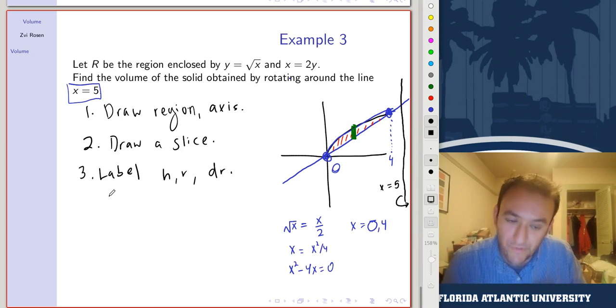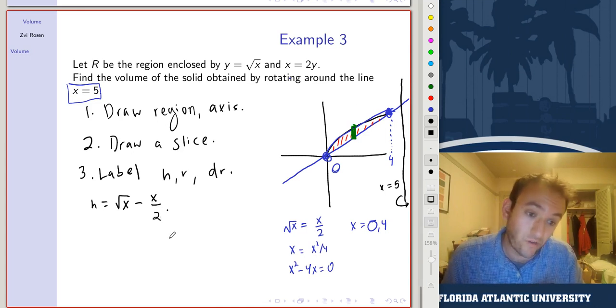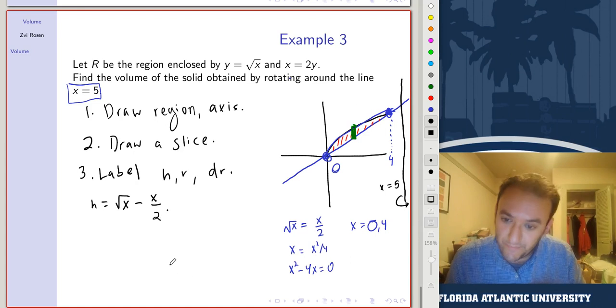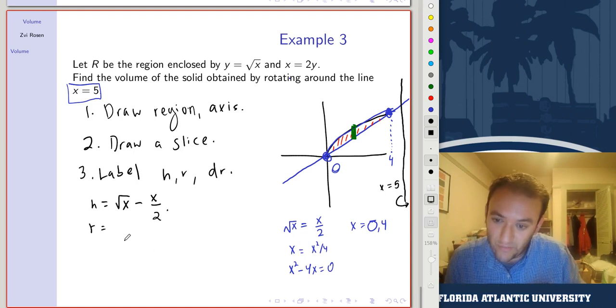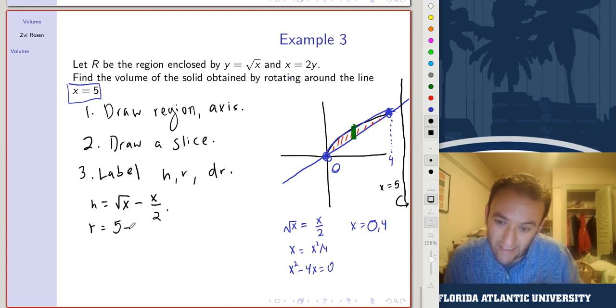So for our h, it's the height of the rectangle, which is square root of x minus x over 2, because that's the y coordinate of the lower point. R is going to be given by the distance from the line 5 to the point that we're at, so that's going to be 5 minus x. And putting the infinitesimal here, we'll get dr equals minus dx.